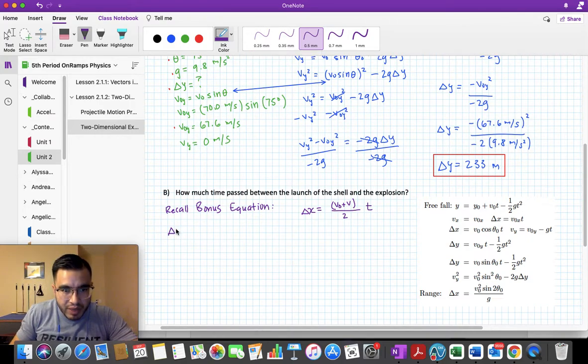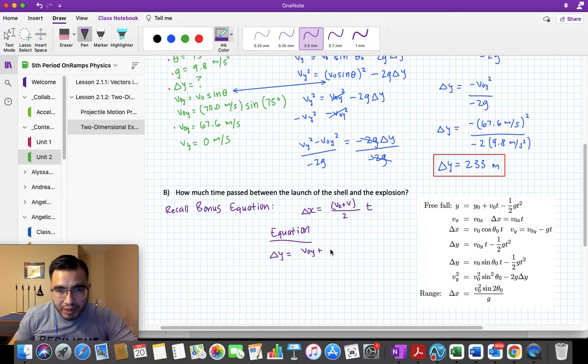Delta y is, you guessed, v naught along the y plus v final along the y, divided by 2, multiplied by time.